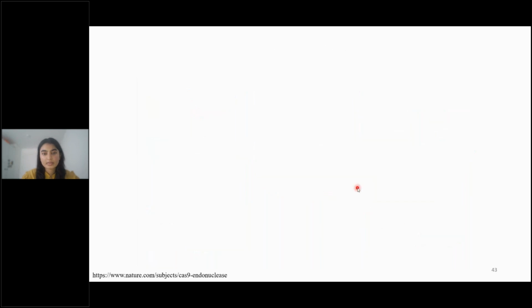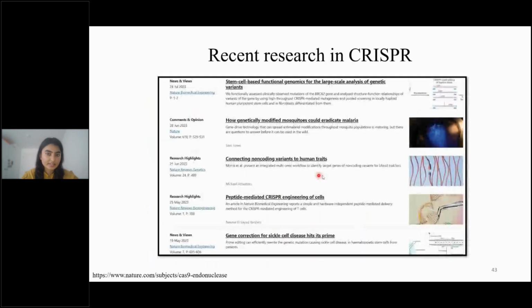It's amazing. There is recent research in CRISPR: stem cell based functional genomics for the large scale analysis of genetic variants. This paper is amazing. Here they genetically modified mosquitoes.